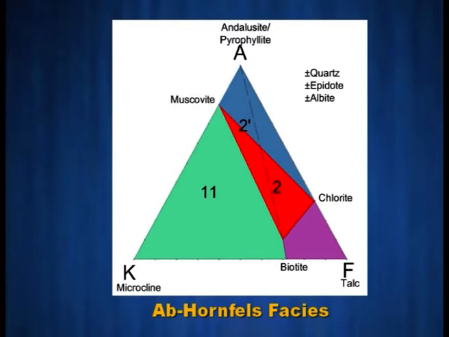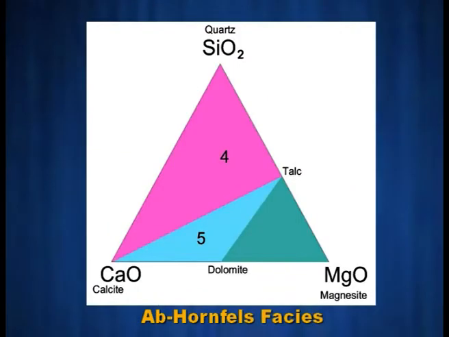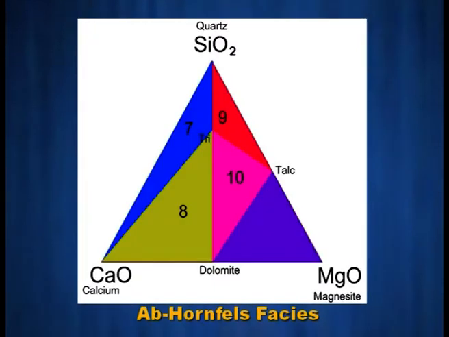The possible additional phases are quartz, epidote and albite. Figure 3, the CaO, MgO and SiO2 diagram, mainly for the calcareous assemblages, where we can see the different phase assemblages in derivative of silicate dolomitic limestone composition to the left.